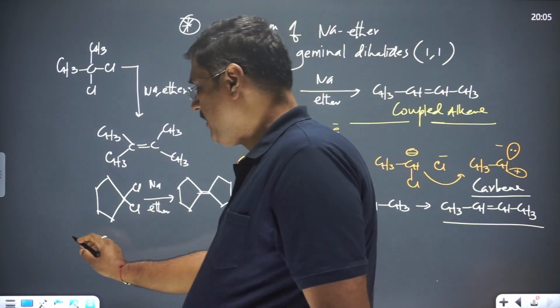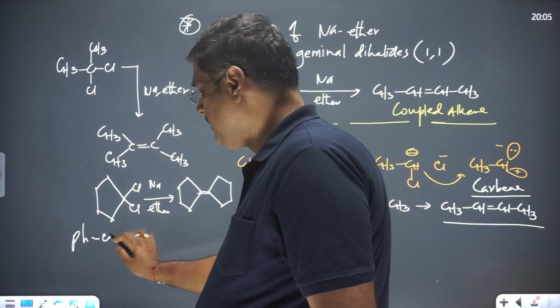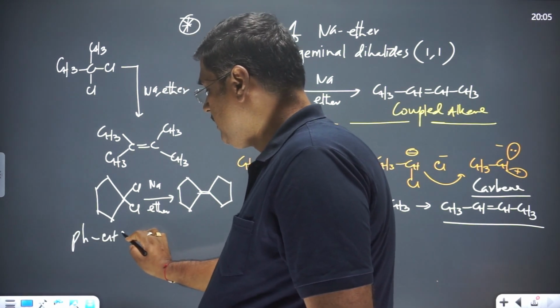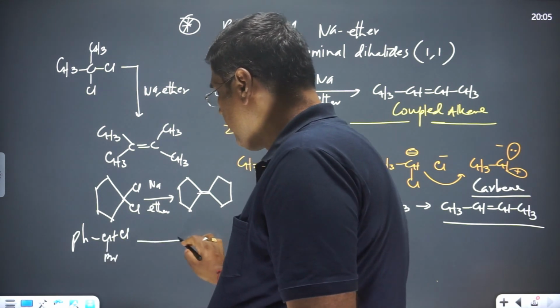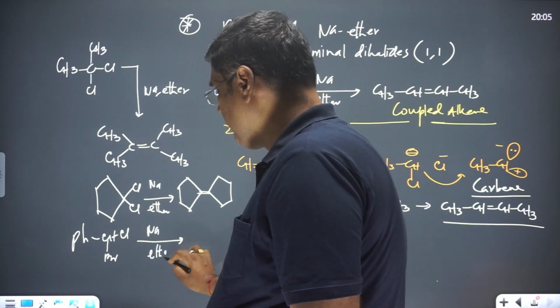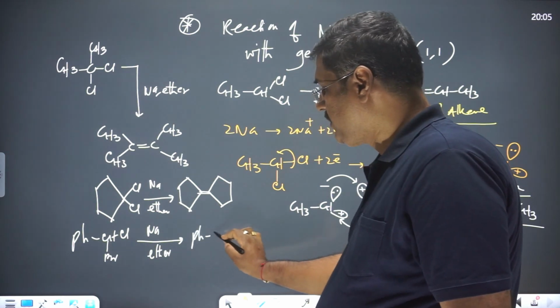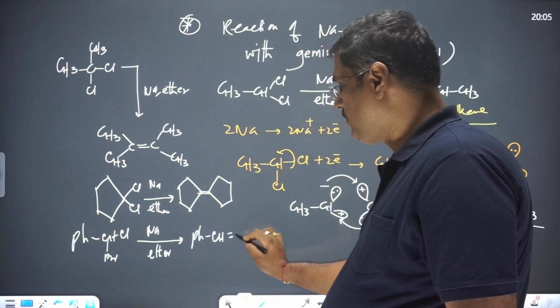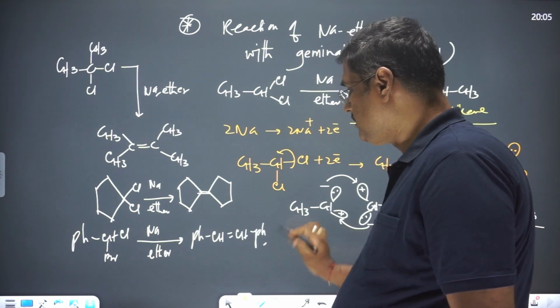Even if I take PhCHClBr and it reacts with Na in ether, the product is PhCH=CHPh.